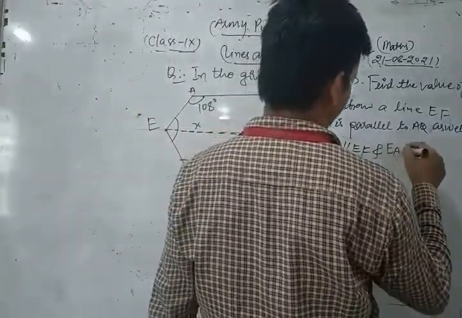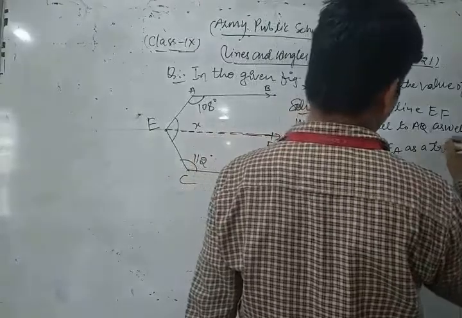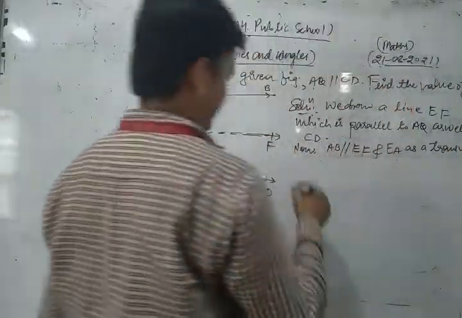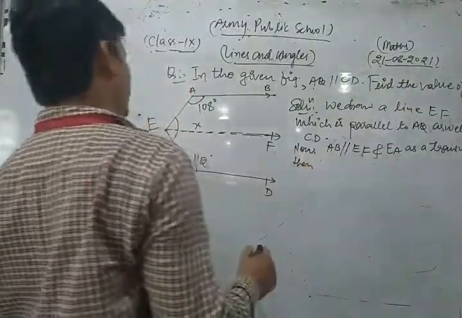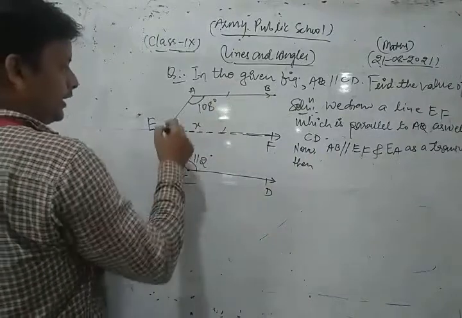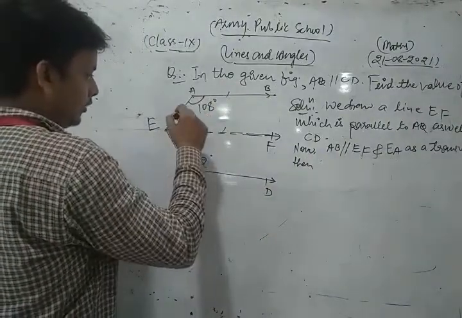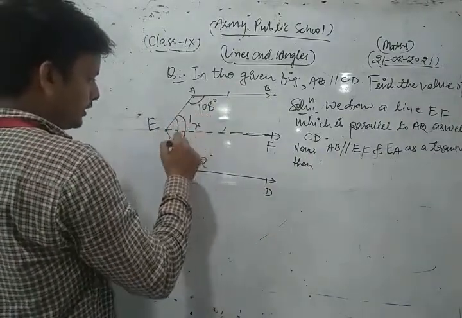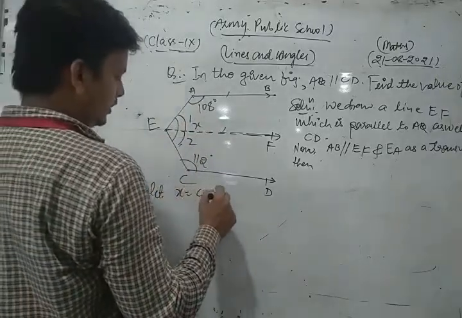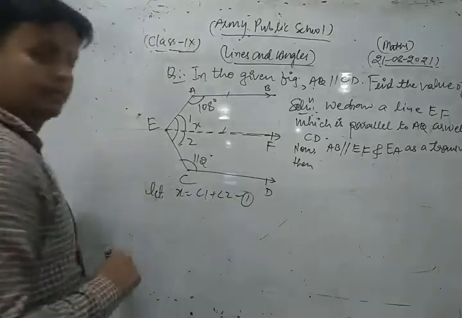Then, first of all, this is angle 1, this is angle 2. Let x be equal to angle 1 plus angle 2. We take this as equation number 1.